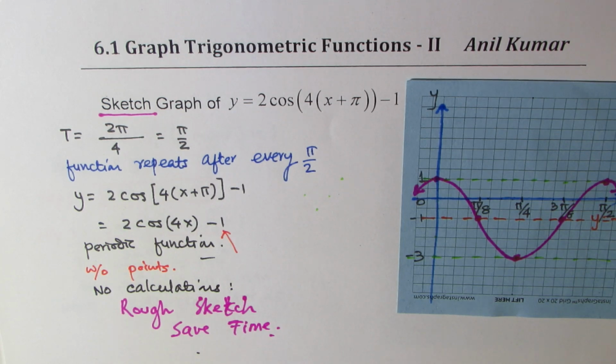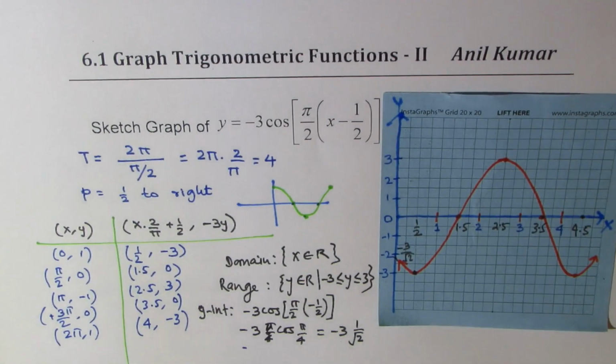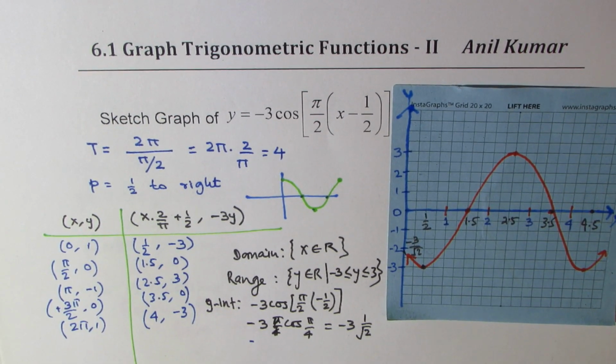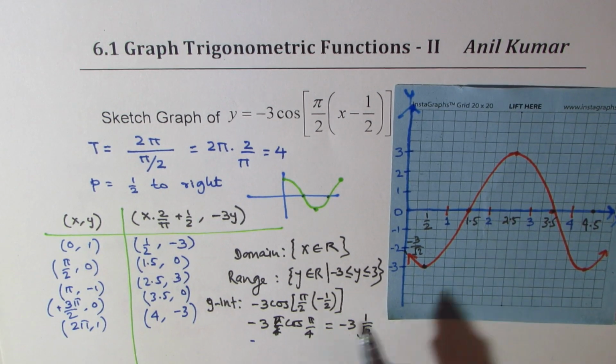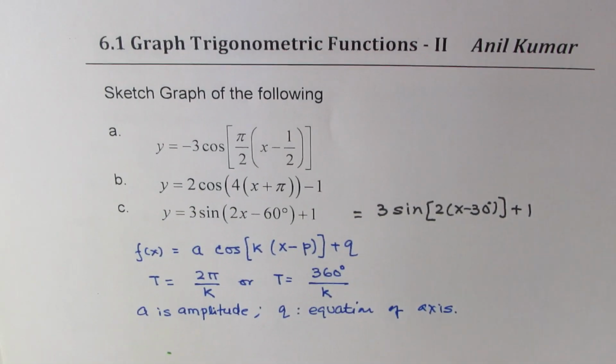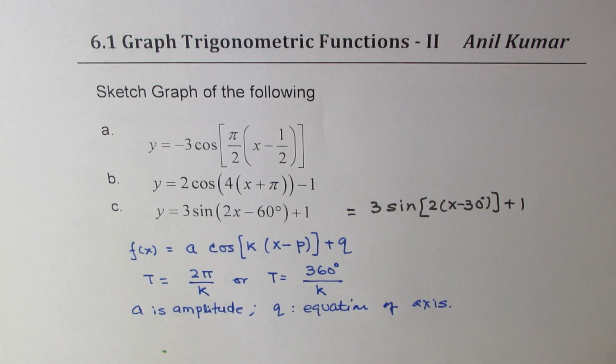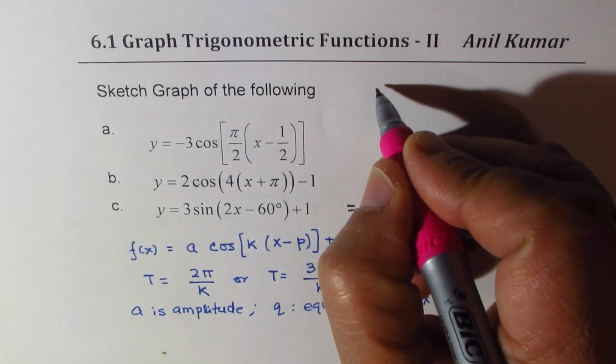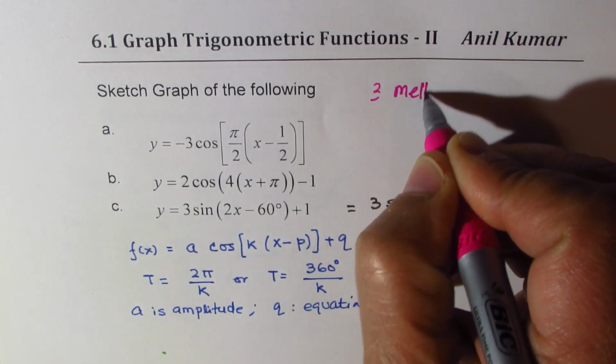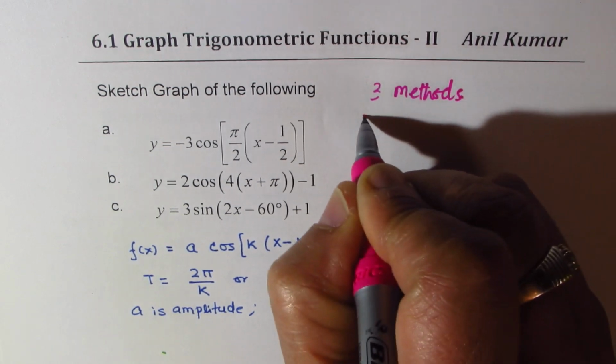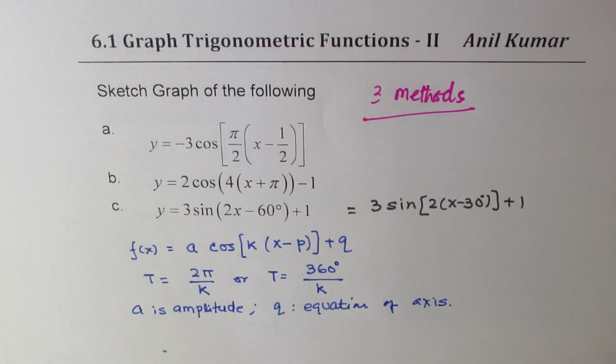And the very first one was using points, which definitely gives you a more accurate graph, but it's highly time consuming, so avoid it if not specified. That's my recommendation. We were able to sketch all 3 functions using 3 different techniques. So we learned 3 methods to sketch. Follow the method which suits your situation.